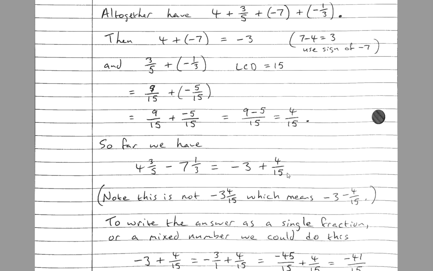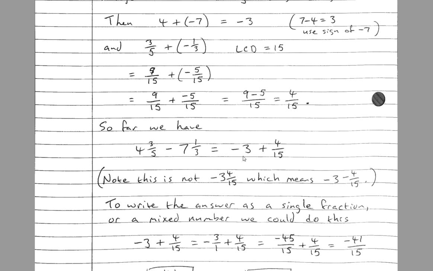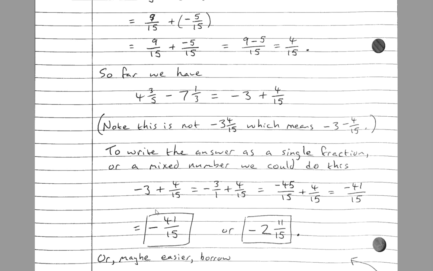So how can we combine these? Well, one way is just to add the fractions. So think of negative 3 as negative 3 over 1. So the common denominator is 15. So this becomes negative 45 over 15 plus 4 over 15. Add those two signed numbers, you get negative 41 over 15.